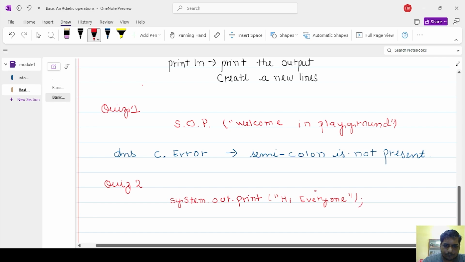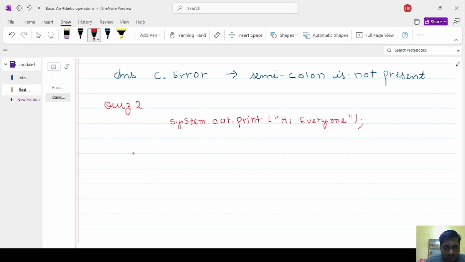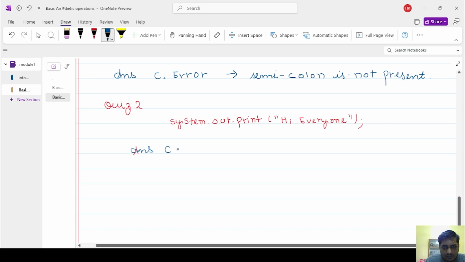Now the answer is C. That is called error. Why is it an error? Because Java is case sensitive.